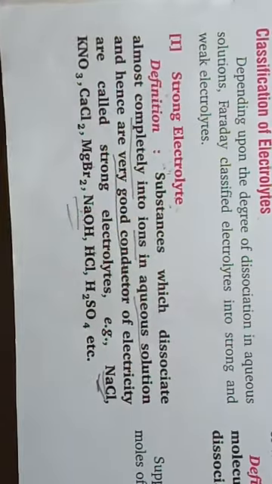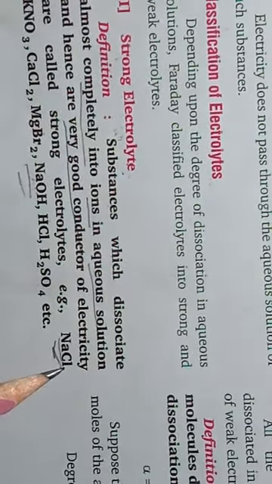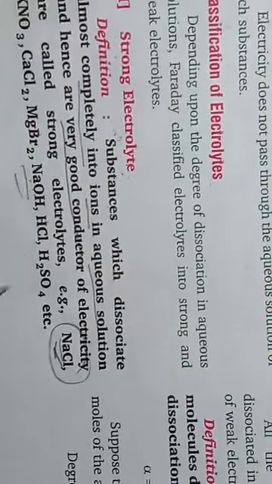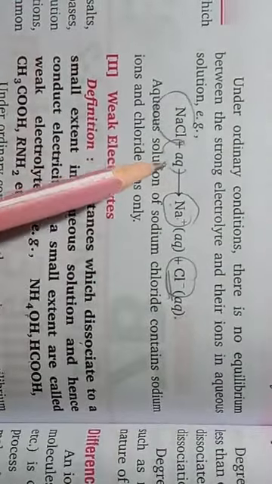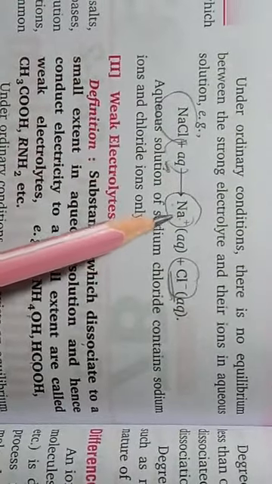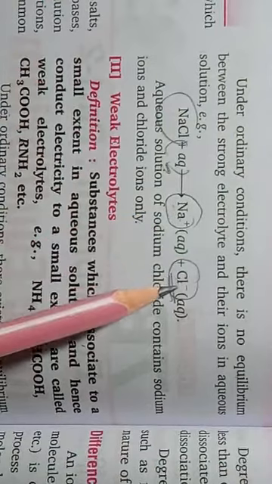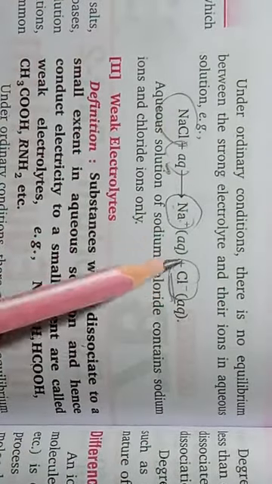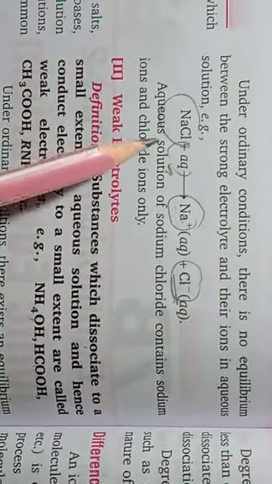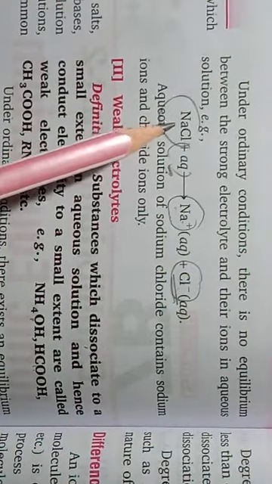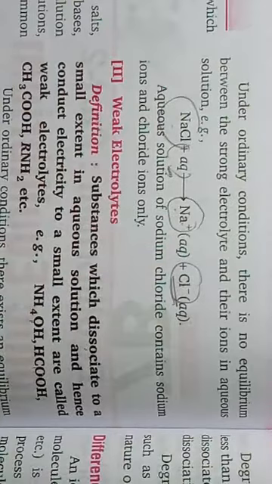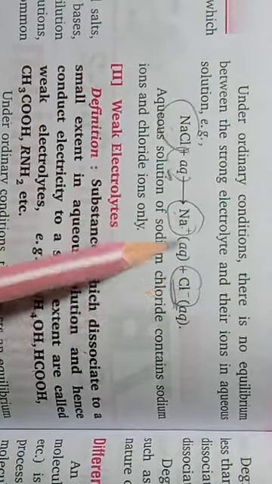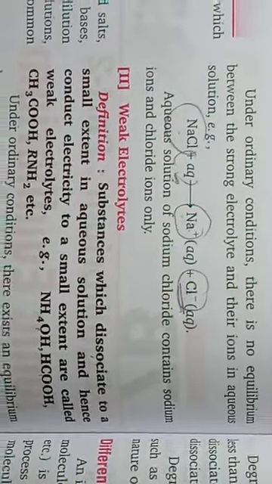For example, if you dissolve NaCl in water, then you will get only sodium and chloride ions present in water, because all the NaCl you took will be dissociated in the form of ions. So finally only ions will be present in water.